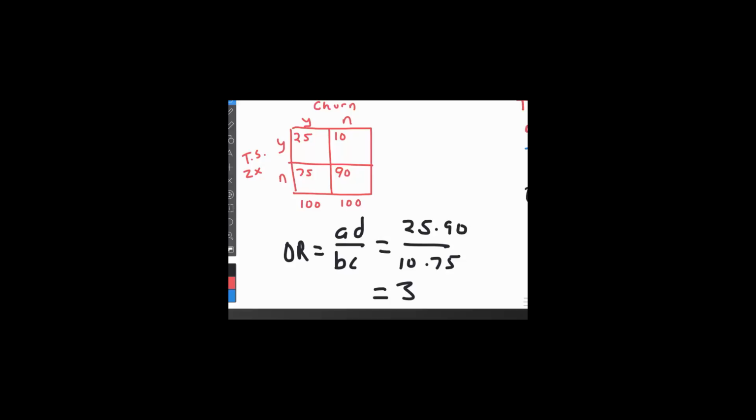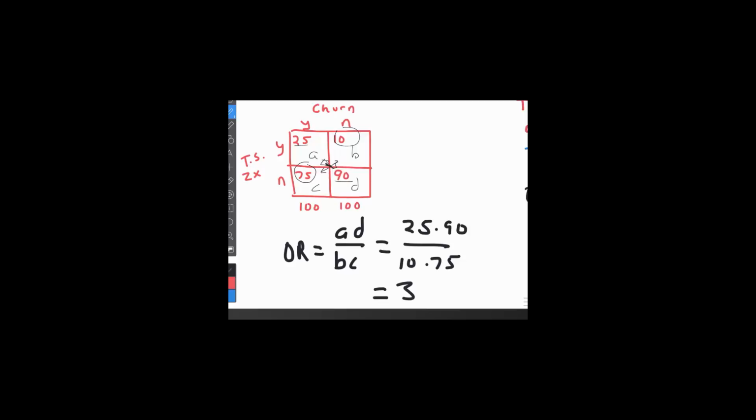If you label these cells as A, B, C, and D, if you cross multiply, you get the AD on the top and the BC on the bottom: A times D divided by B times C, 25 times 90 divided by 75 times 10, then you will get the odds ratio that way. That's just a shortcut formula that you might want to use.